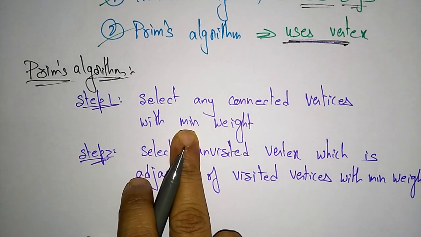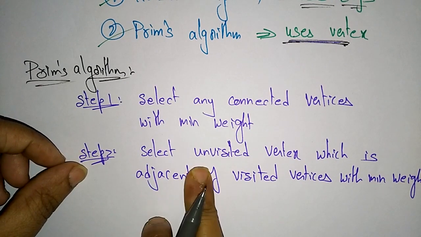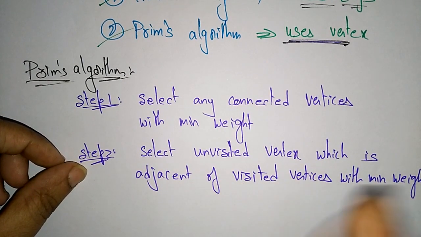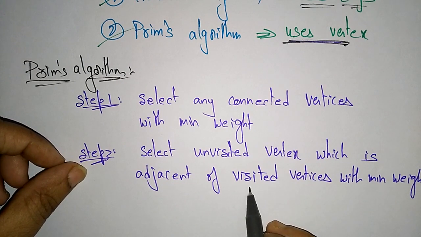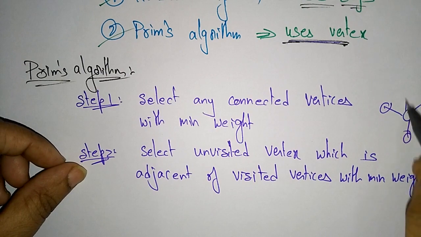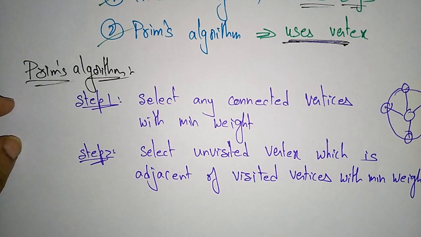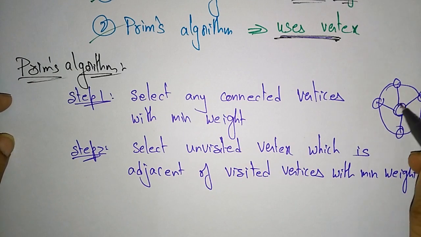So that is the rule, because first we have to select any one of the vertices that has the minimum weight in the edge, and next in step 2 we have to select the unvisited vertex which is adjacent to the visited vertex. So it should be like here or here or here, means adjacent to the visited vertex.